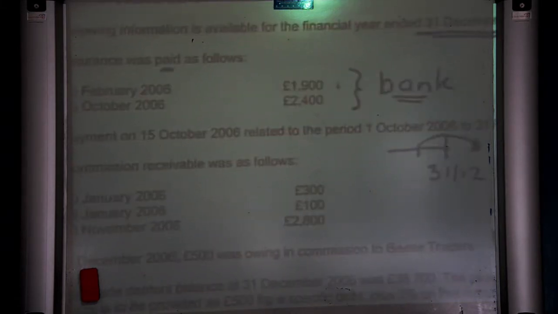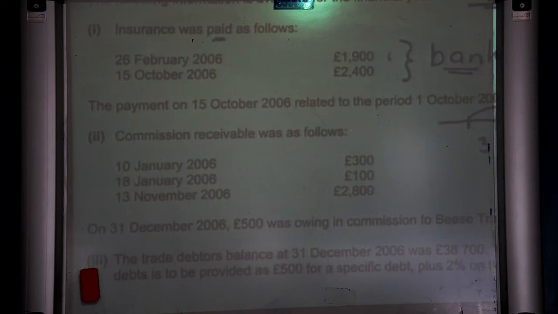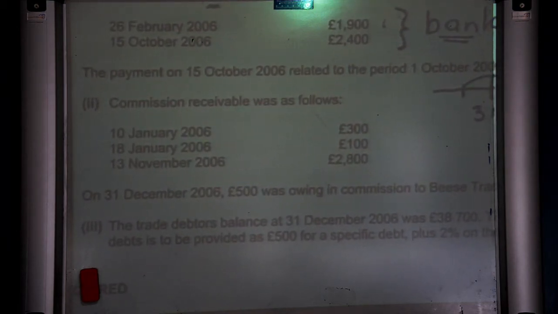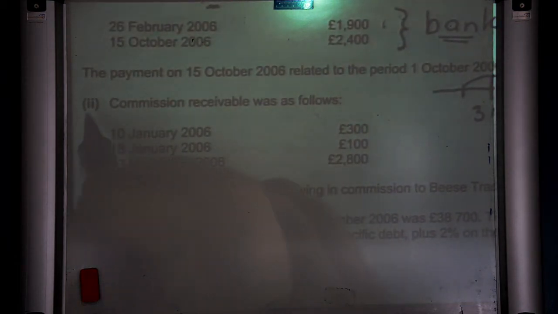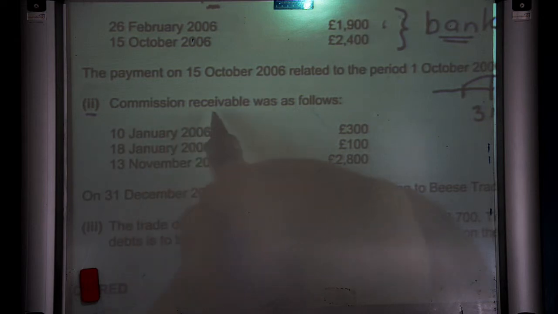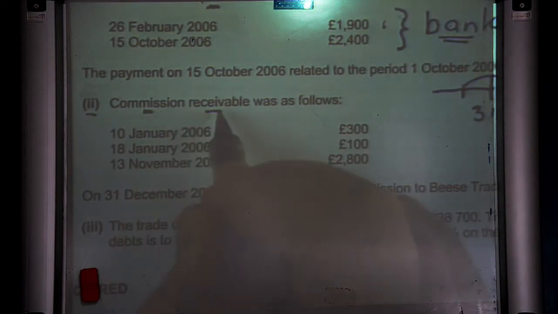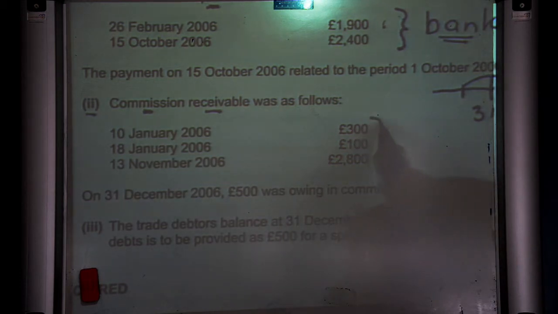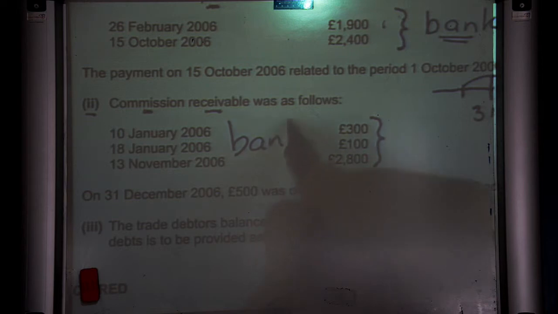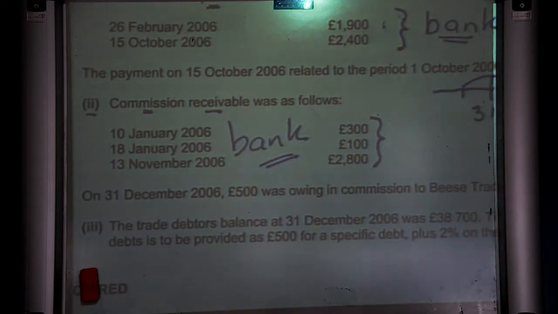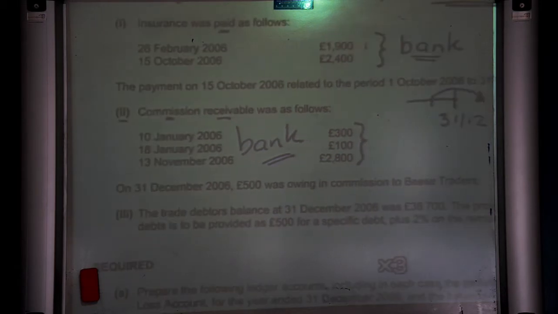Okay, so I'm still wanting to try and find some easy marks for myself because in the exam I'm under pressure. Here we go, let's have a look at part 2 here. It says commission receivable during the year. Okay, commission receivable, that's a revenue, so I've got some money coming in. I would have received this money and I would have put it in the bank. Woohoo! So I found all of my bank amounts received for commission as well. Okay, so I'll zoom out again.